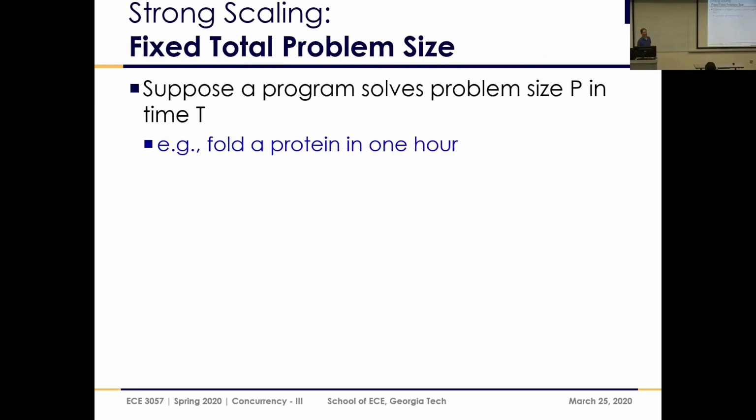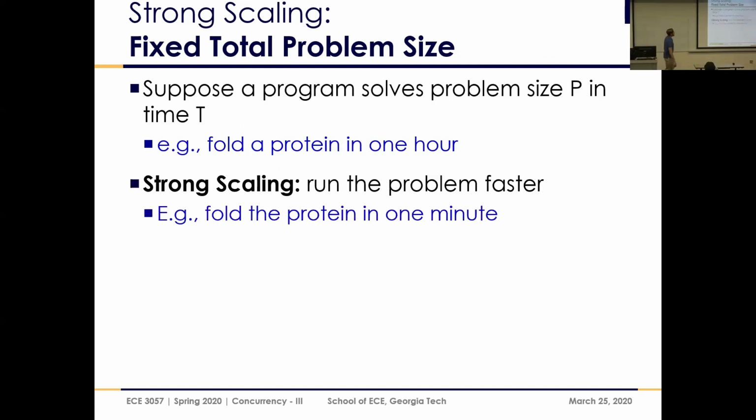So let's first talk about scaling. Suppose a program solves problem P in time T, for example, folding a protein in 1 hour. This can be called strong scaling because you can run the problem faster, folding the protein in 1 minute. In order to do this, you can distribute it to a lot of machines because there's no overlap in this. That makes sense. So you can segment the problem very cleanly and allocate that to a whole bunch of resources.